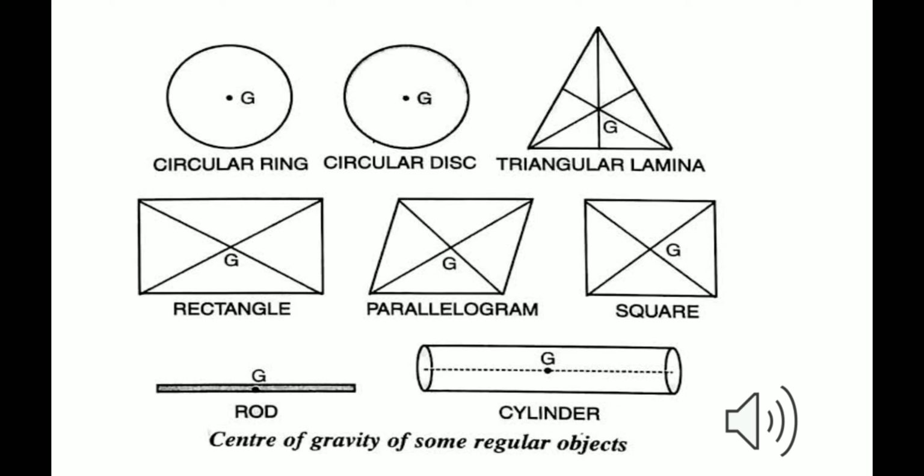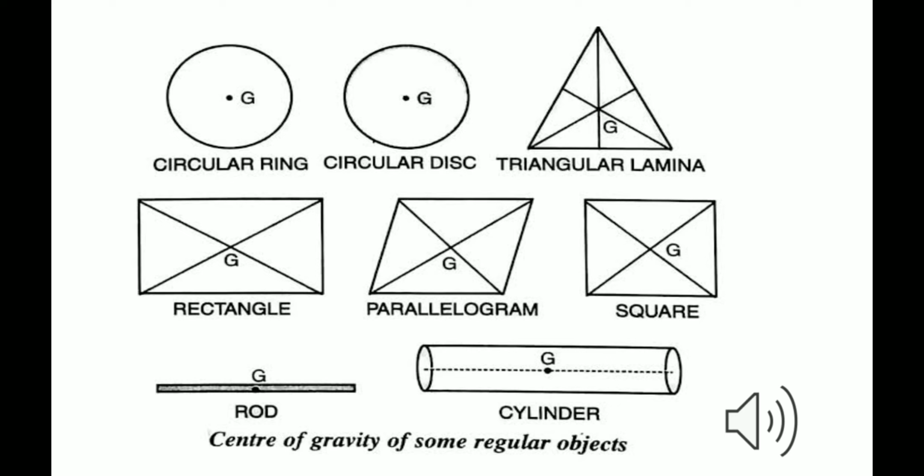What is a median? A median is a straight line passing through a vertex to the midpoint of the opposite side of the triangle. So the point at which the three medians meet will be the point at which the center of gravity will act. Then we have a rectangle.